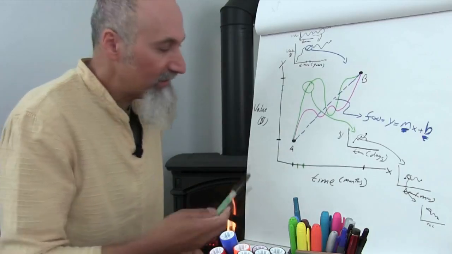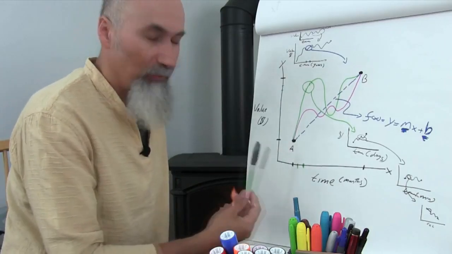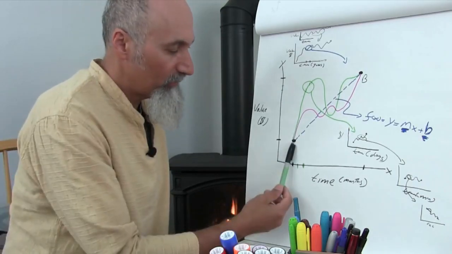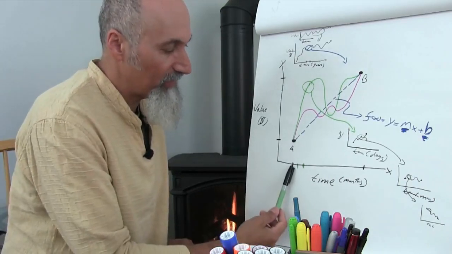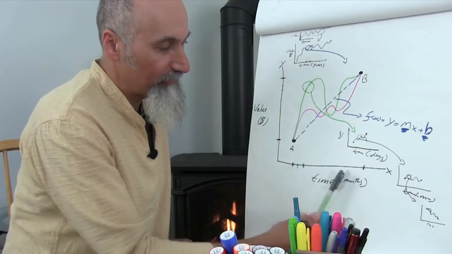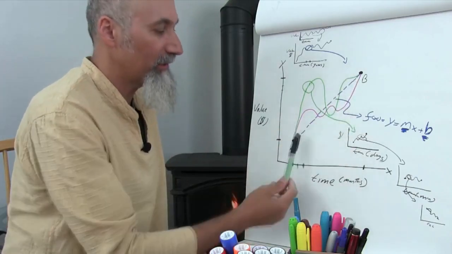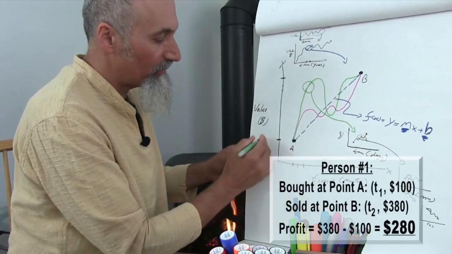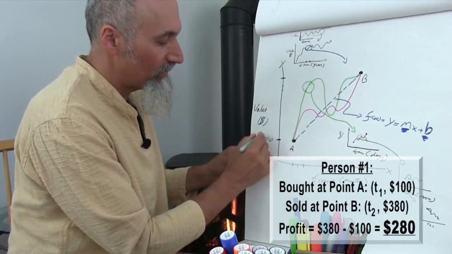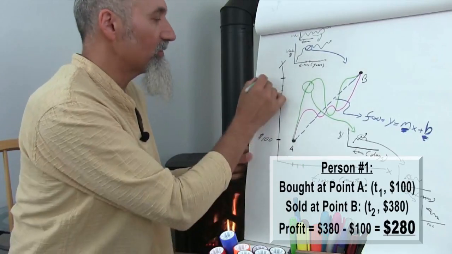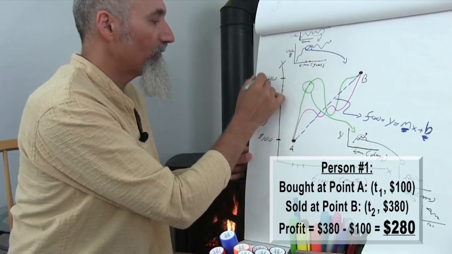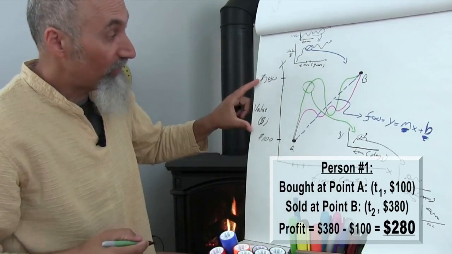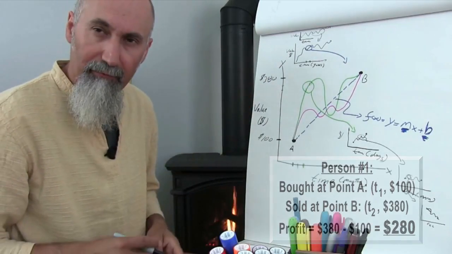Because in the same period, let's say we're talking about months, we've invested at one month here, and after a few months we're going to sell here. So if this was $100, let's put some numbers here, and this was $380, then we've made $280 profit.